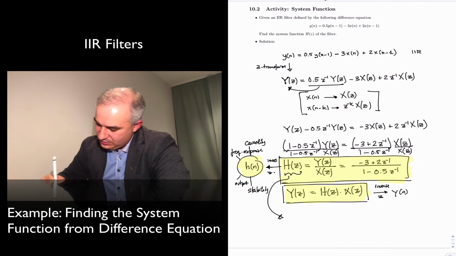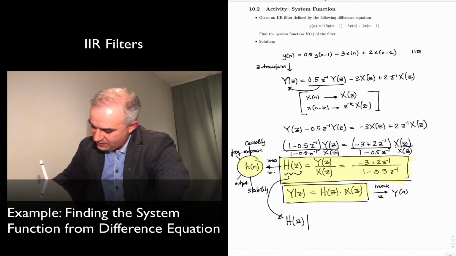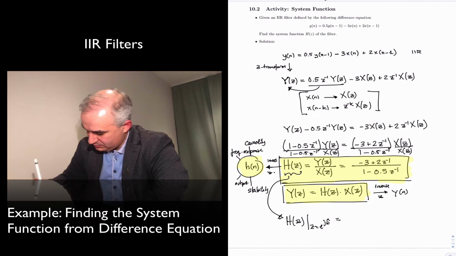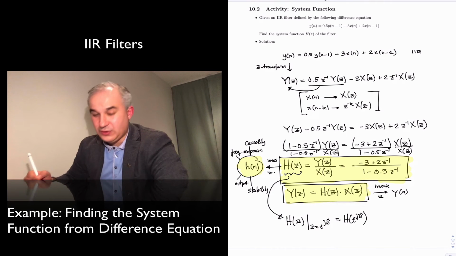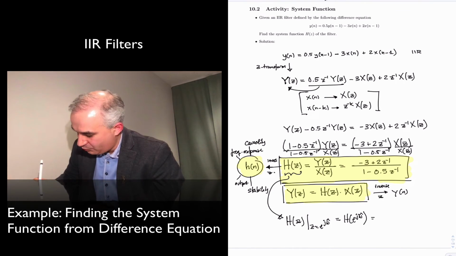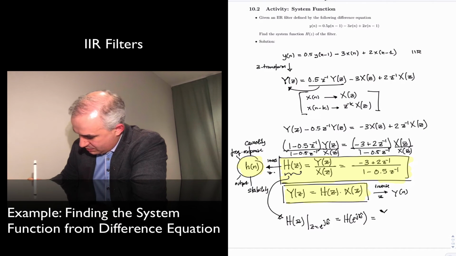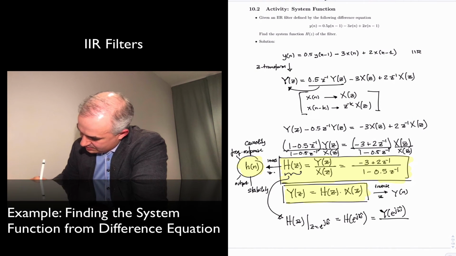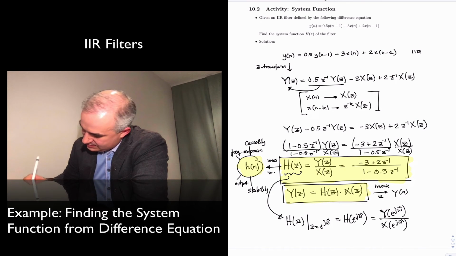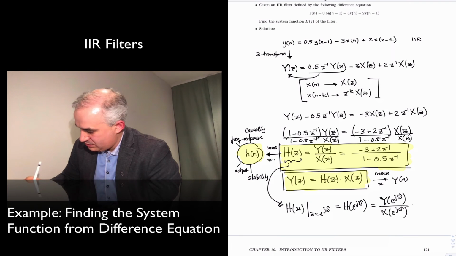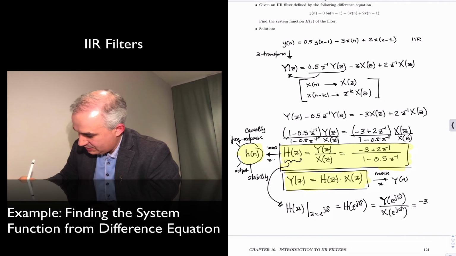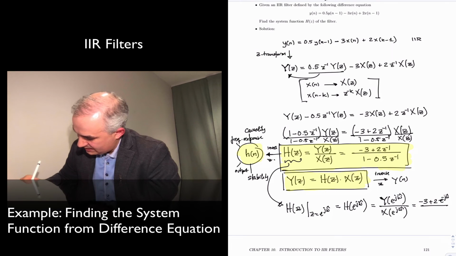In fact, you can see that over here, if you evaluate H of z, the system function, for z equals e to the j omega hat, you end up with H of e to the j omega hat, which is equivalent to the discrete time Fourier transform, which, by the way, is equal to the coefficients here, Y of e to the j omega hat over X of e to the j omega hat, or, in this case, 3 e to the j omega hat minus 1 divided by 1 minus 0.5 e to the minus j omega hat.